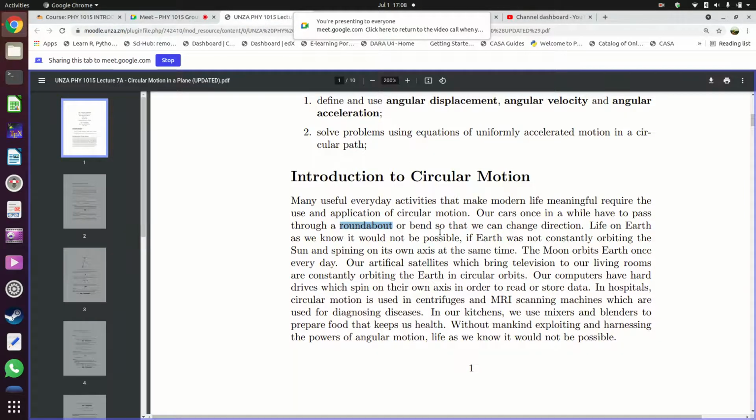Apart from cars, which make life quite easy, and also roundabouts, life on Earth was not going to be possible if the Earth didn't move in a circle, and also if the Earth did not spin. The Earth moves around the sun in a time period of 365 and a quarter days.